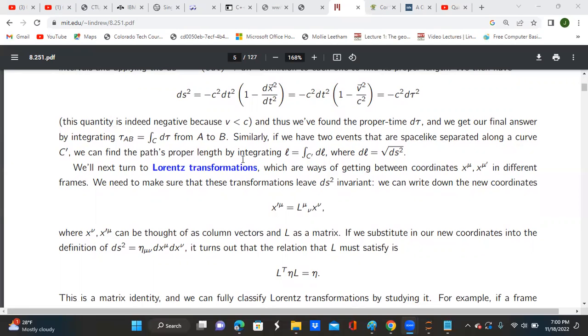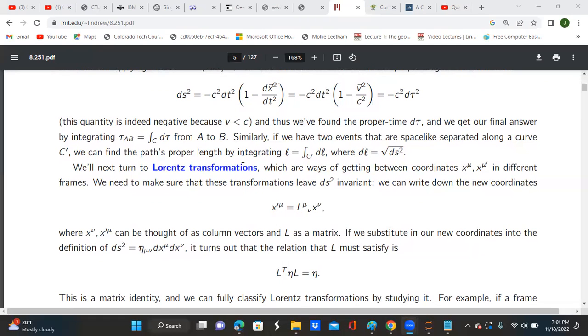This quantity is indeed negative because v is less than c, and thus we found the proper time dτ, and we get our final answer by integrating: τ_AB equals the integral over c of dτ, from A to B.